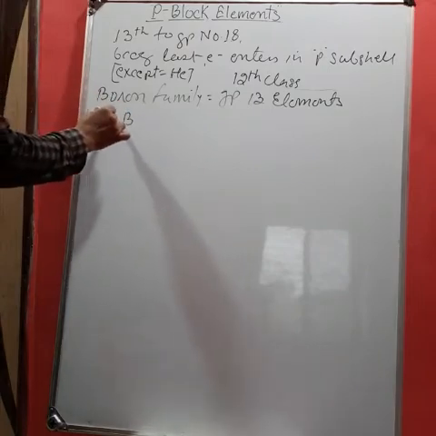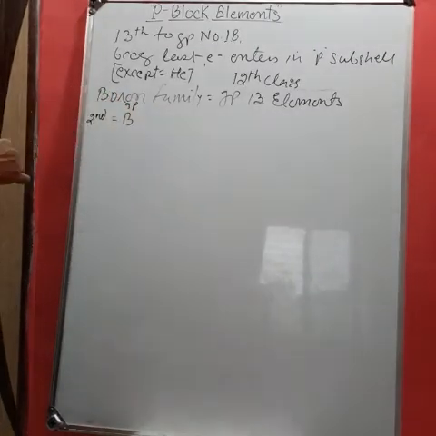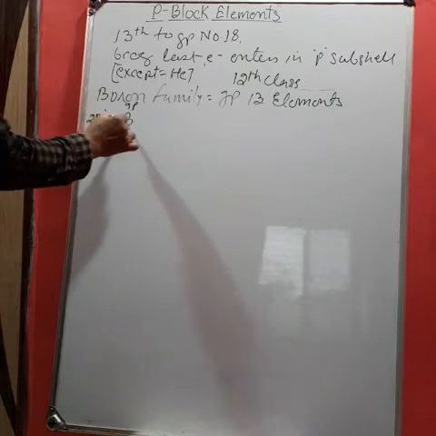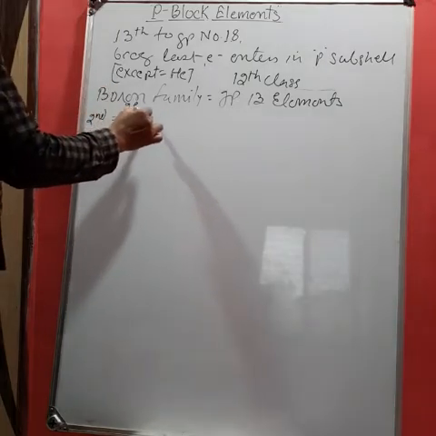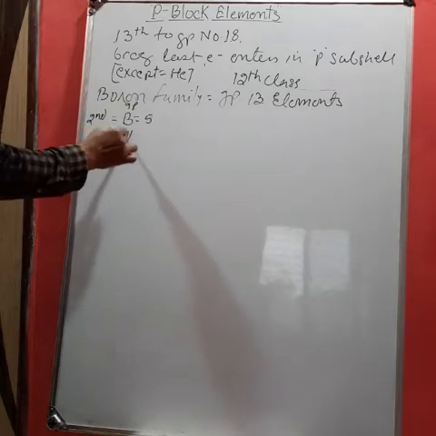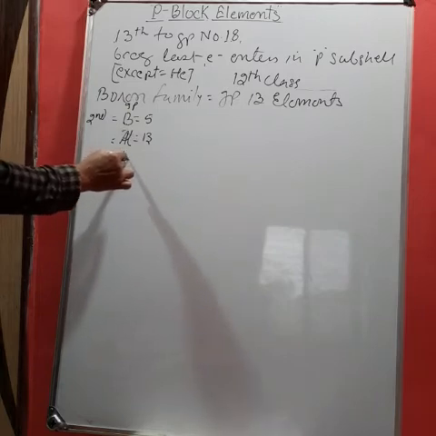It is positioned in the second period, while the group number is 13. Its atomic number is 5. Next element is aluminium of the third period, atomic number 13. Then the next one is called gallium.